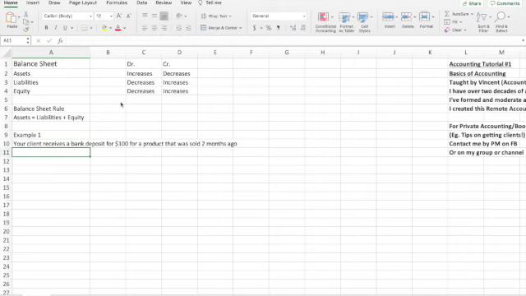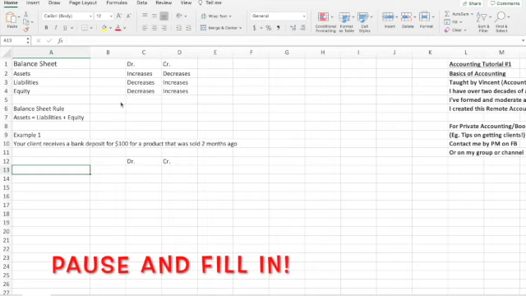Okay, so here again we're going to do the debit and the credit. And before I even fill in any categories, pause the video and see if you can correctly fill in what the correct debit's going to be and what the correct credit's going to be. Let you pause now. Okay guys, I'm going to pick it up here.